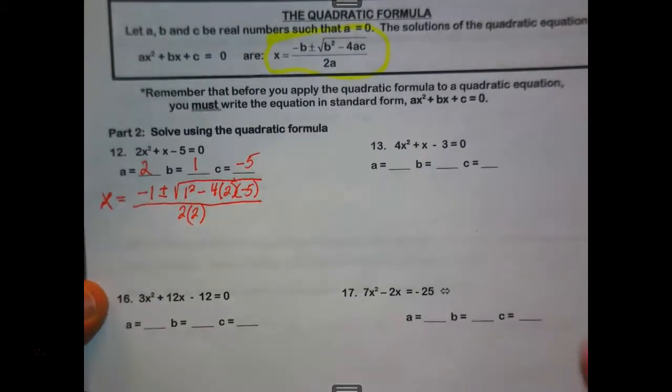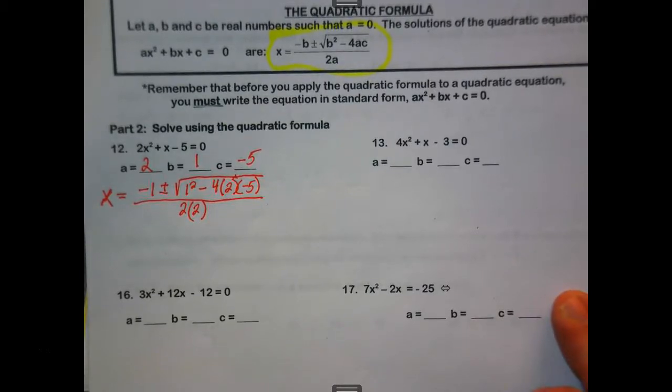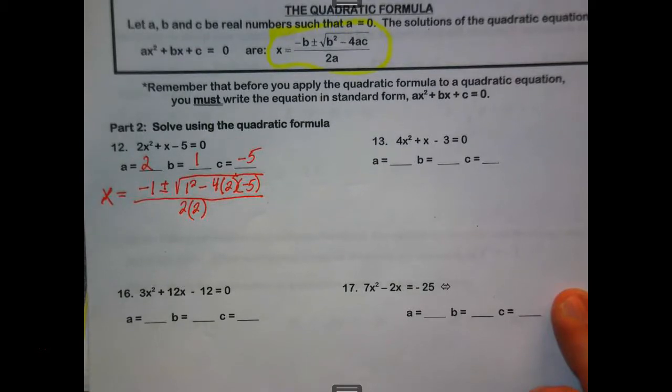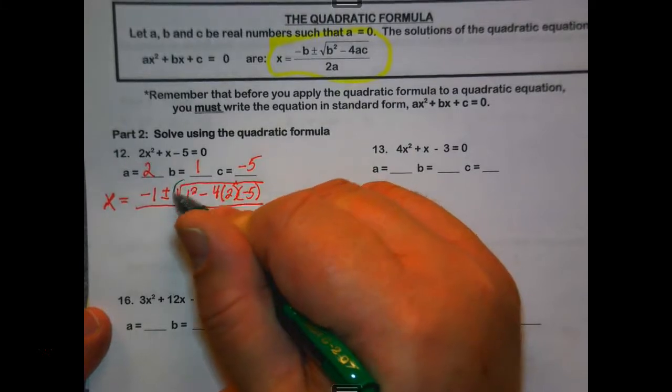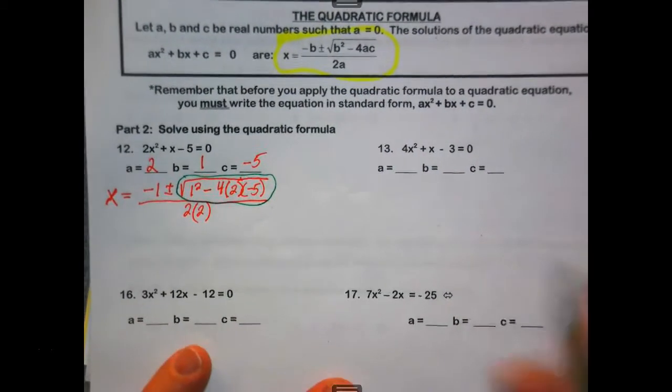This is what I like to do. Do not put this all in a calculator and solve it, because the chances of getting all the parentheses and symbols right in the calculator are 100 to 1. Here's what I like to do. I like to do the square root portion first.